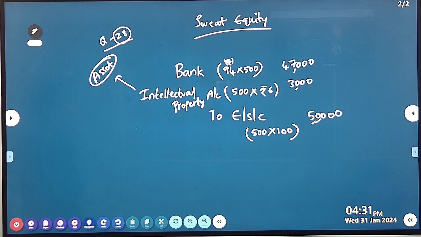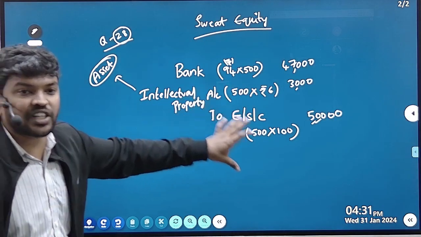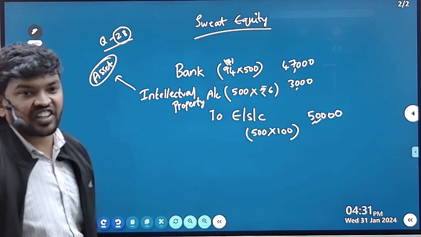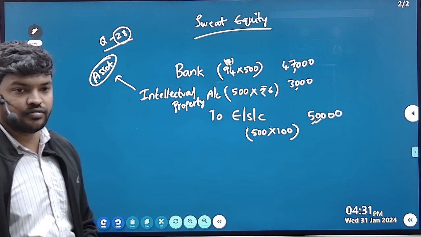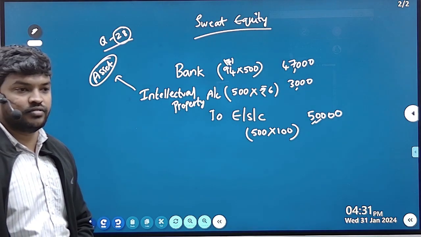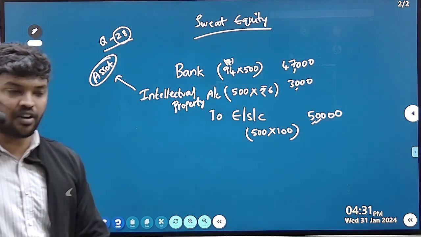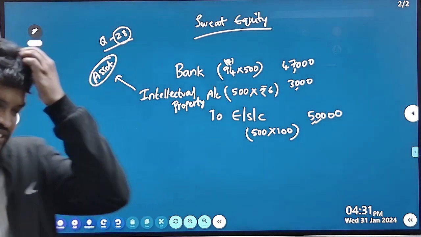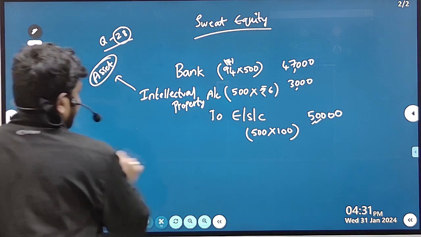Why am I not debiting the discount account? Because this is a sweat equity issue. Instead of the discount account, you should debit the intellectual property account. Clear?